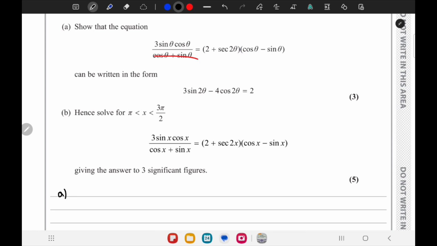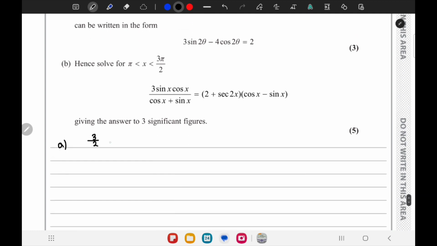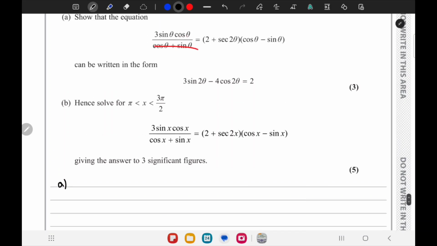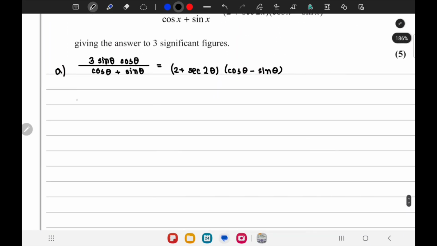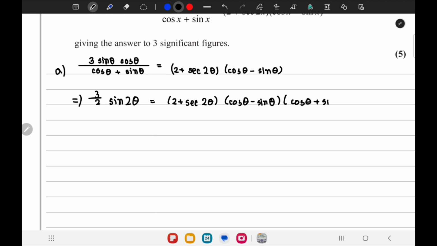So let's just do it. On the left hand side we'll keep 3 by 2 sine 2 theta. On the right we'll have 2 plus sec 2 theta times cos theta minus sine theta times cos theta plus sine theta. We can write this whole thing as cos square theta minus sine square theta or cos 2 theta.